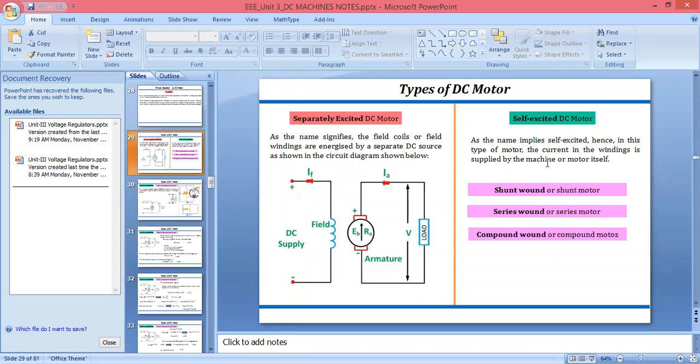In a self-excited DC motor, the current in the winding is supplied by the motor, which can be a motor or a generator.